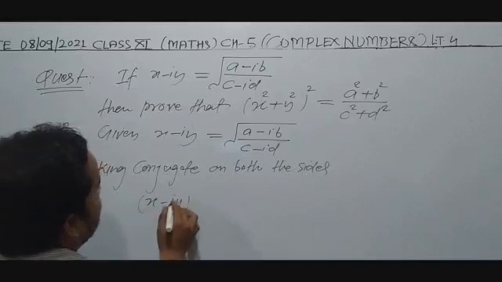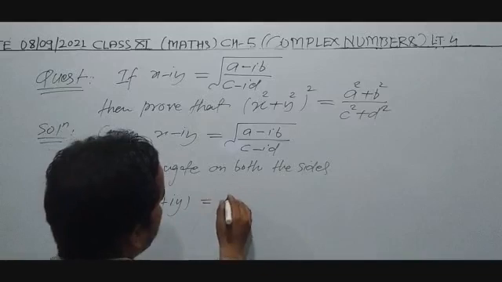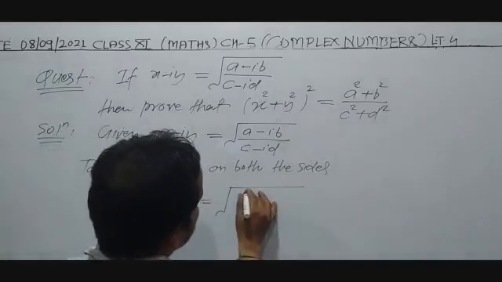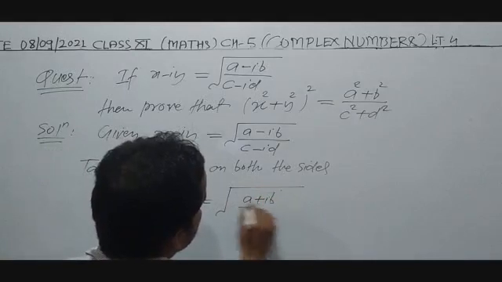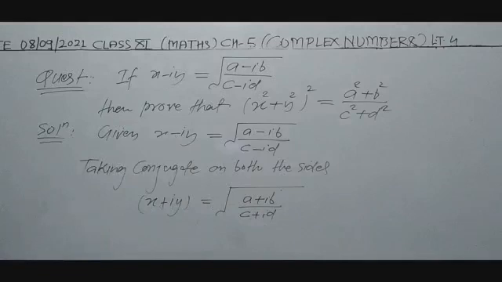So the conjugate of x minus iy will be x plus iy, and that will be equal to, in square root, a plus ib upon c plus id.